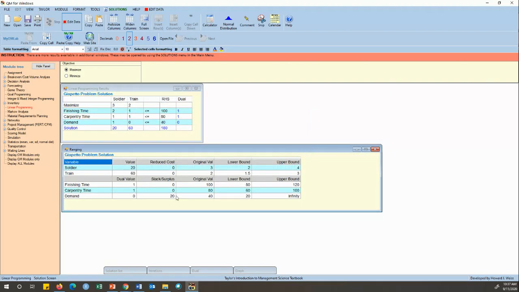This is the slack and surplus. This is your lower bound and your upper bound. Remember the lower bound referring to your finishing time. If you can tie back to the original video just now, remember your finishing line. When you reduce your finishing line right hand side value, it cannot get less than 80, and then your upper bound is 120.